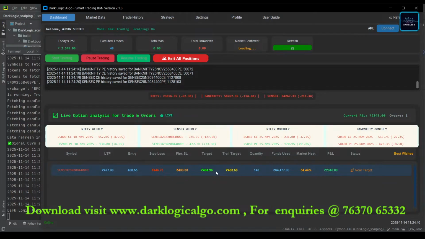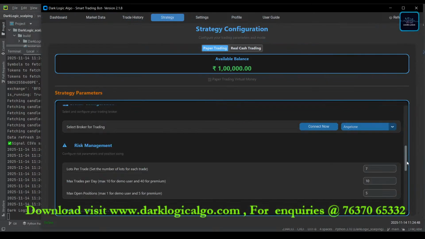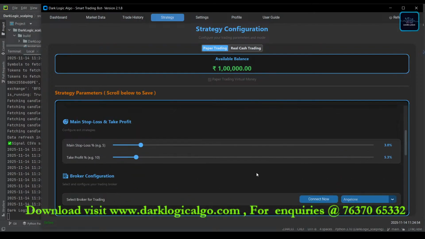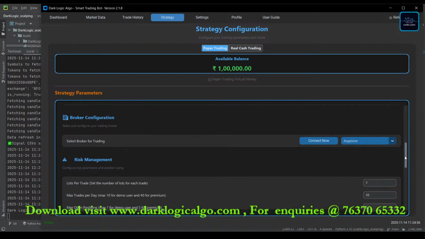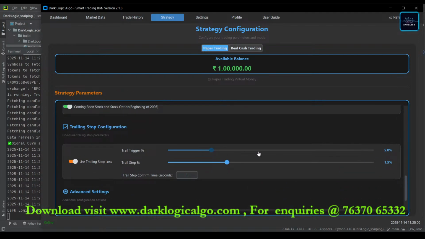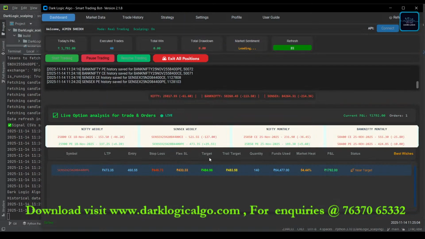But here we set the stop loss and the target nearly same. Take profit and the trail stop. Take profit is like 5.3%. Trail is like 5%. So that's why the target and trail target is nearly same.